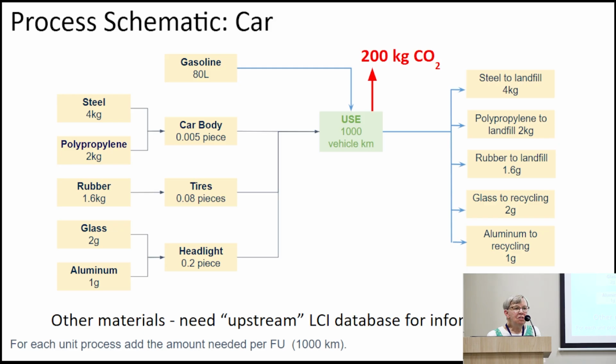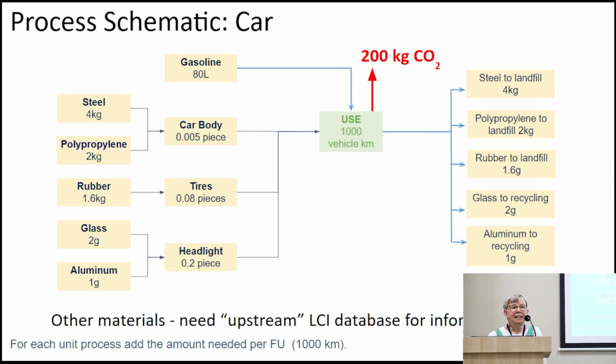So what did I need to do this example? I needed to know something about a car and the basic materials in a vehicle. I needed to know something about operation of the vehicle, the fuel economy, the rotation of tires and headlights, the basic materials that they're made up of, and then some emission factors.